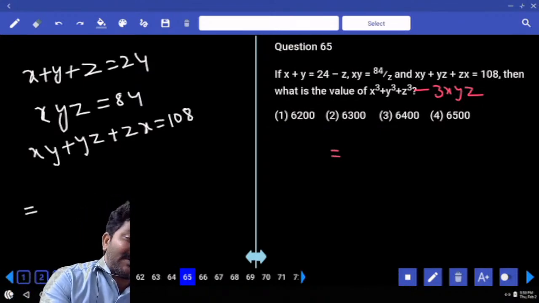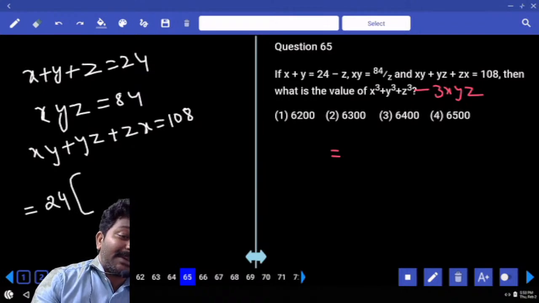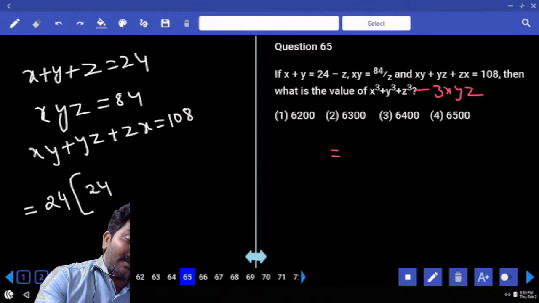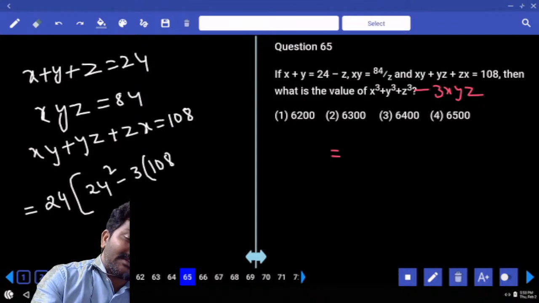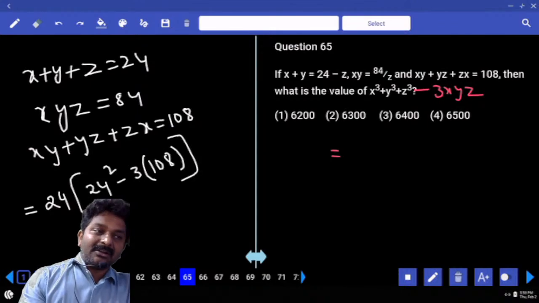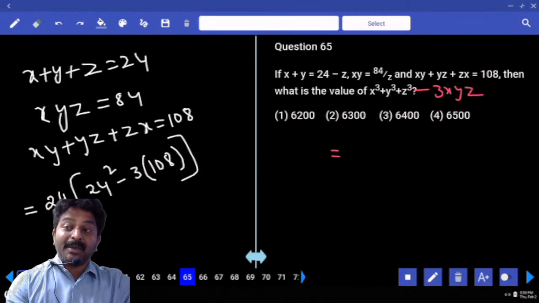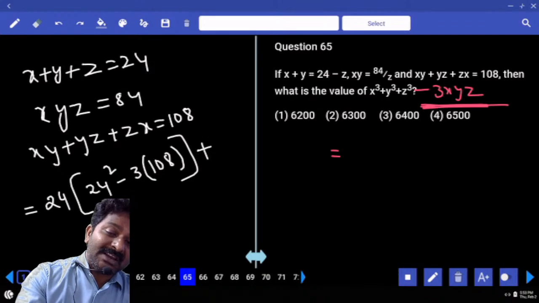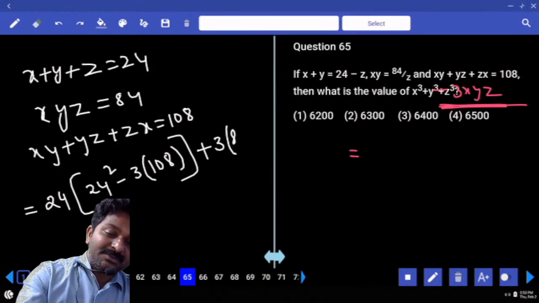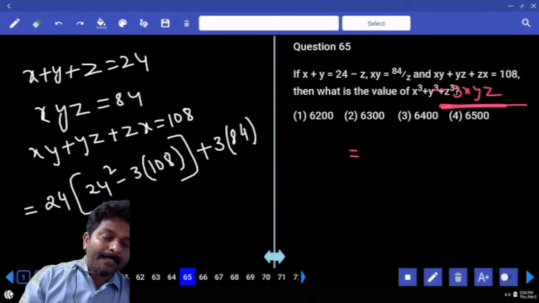What is that? x plus y plus z into x plus y plus z whole square minus 3 times of xy, yz, zx, 108, which is equal to x cube plus y cube plus z cube minus 3xyz. This minus 3xyz goes to the other side and becomes plus 3xyz, 3 times of 84. This is what you need to solve.